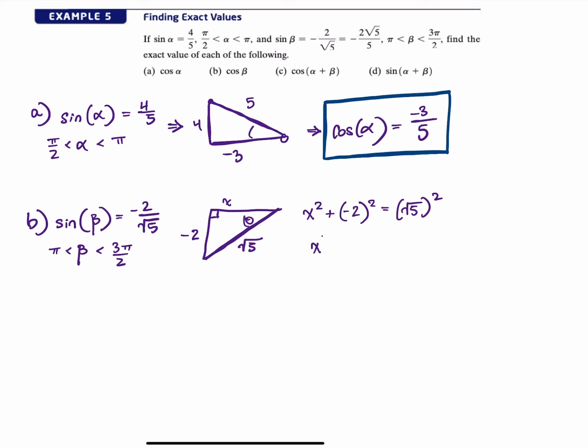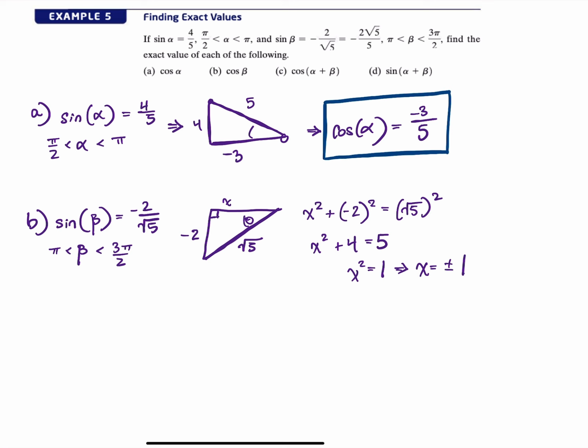So that gives us x squared, negative 2 squared is positive 4, and then the square root of 5 squared will just undo the square root. We'll just get 5 here. So if we subtract 4 over, we get that x squared equals positive 1. So take the square root of both sides and we get that x equals plus or minus 1.